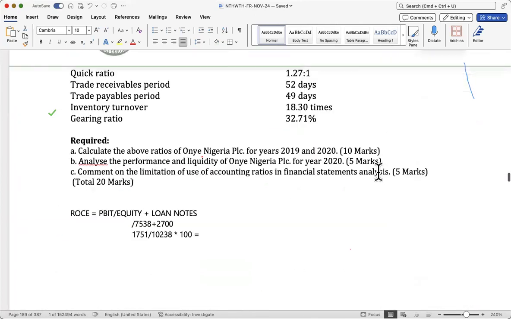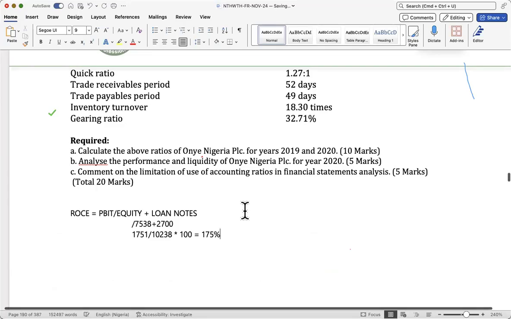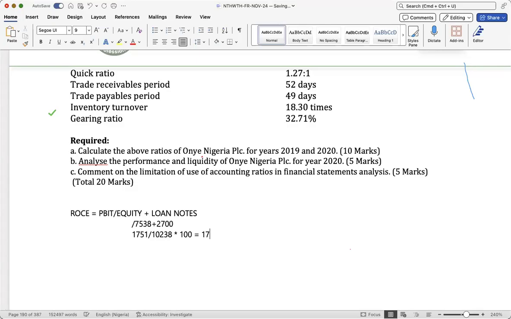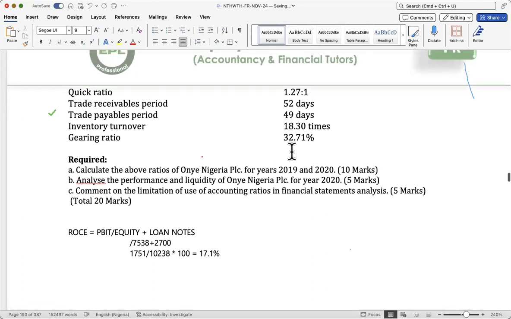So what will you get here? 17.10. That's 17%. Okay, so that one makes sense.